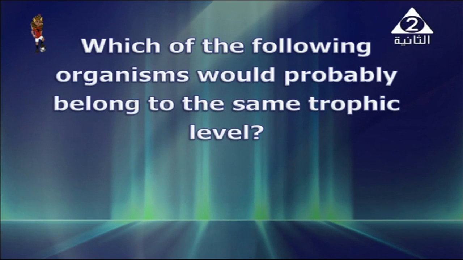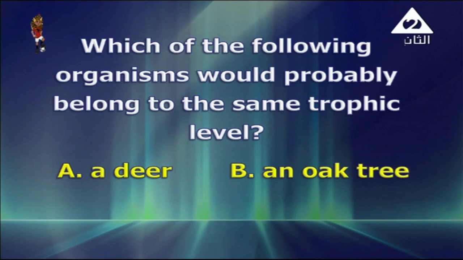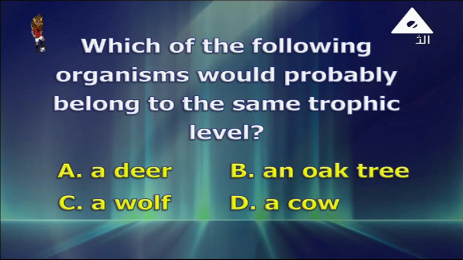Which of the following organisms would probably belong to the same trophic level? We have also deer, oak tree, wolf, and cow. We have two animals that are similar in their trophic level. Both of them, deer and cow, are herbivorous.